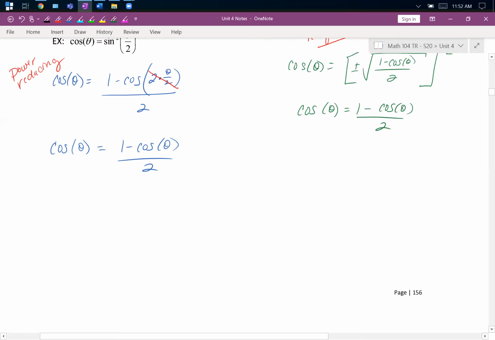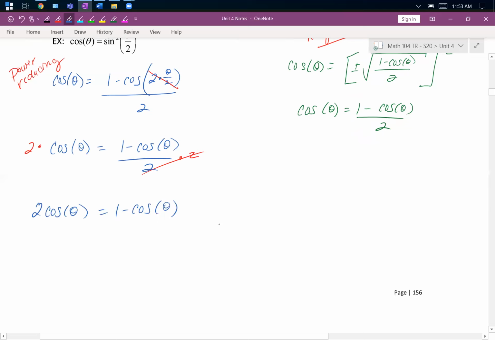All right, let's finish it up. I'm happy to see cosine of theta is the only trig function I have, so both sides are linear. We want to get all of our cosines together, but the first thing I'll do is get rid of this fraction by multiplying both sides by 2. So 2 cosine theta is equal to 1 minus cosine theta.